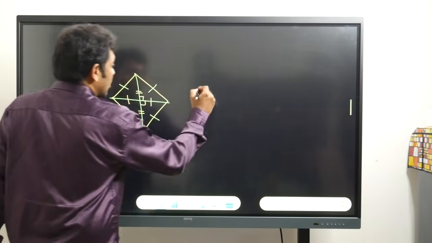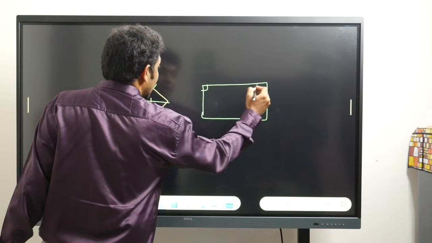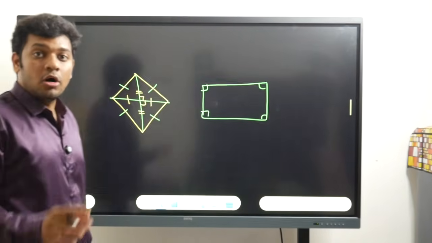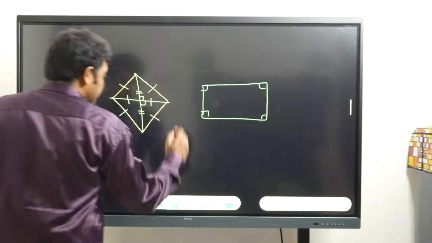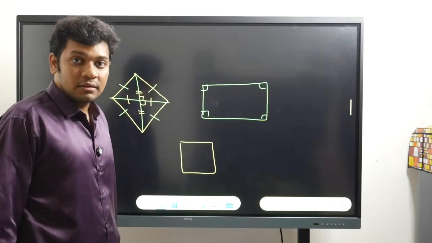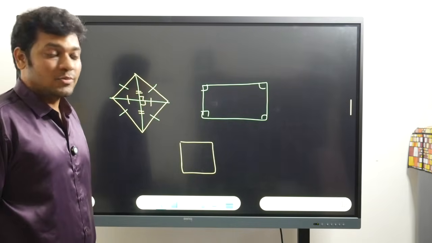Now, in a parallelogram, if all the angles are equal, it's a rectangle. Rhombus plus rectangle, it's a square. If all the angles are equal and the sides are equal, it has to be a square.